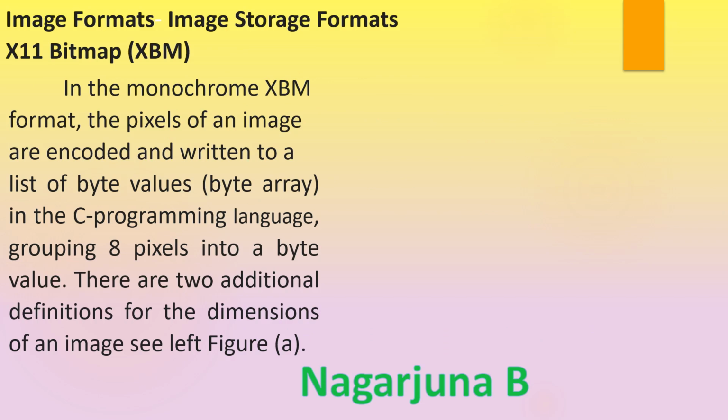Let us learn the first one, X11 Bitmap, XBM. It is a monochrome format. That means in this kind of picture format we cannot store a color value for an image. In the monochrome image format XBM, the pixels of an image are encoded and written to a list of byte values.